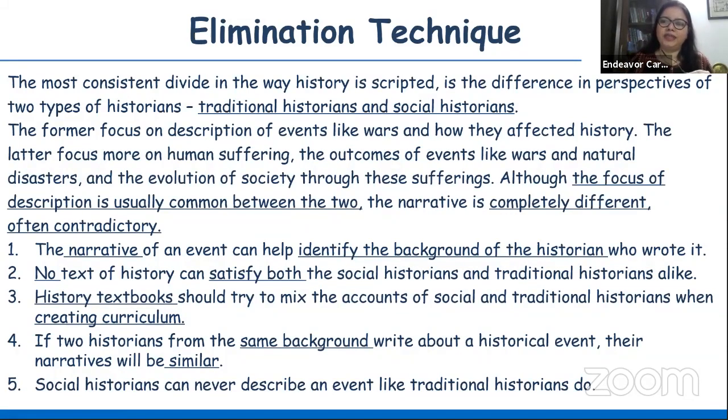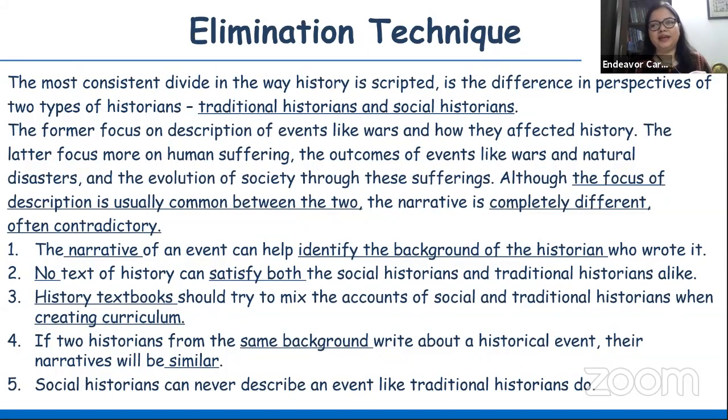The data given to me in the passage is that A describes an event in a certain way. Their narrative is different. Does not mean that I can use the narrative to identify who wrote it.